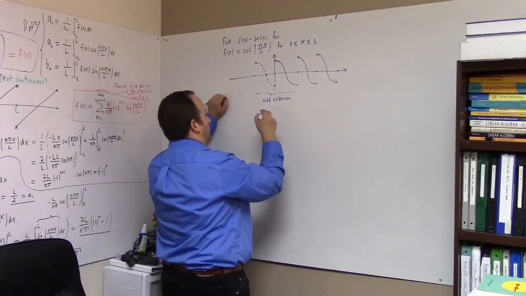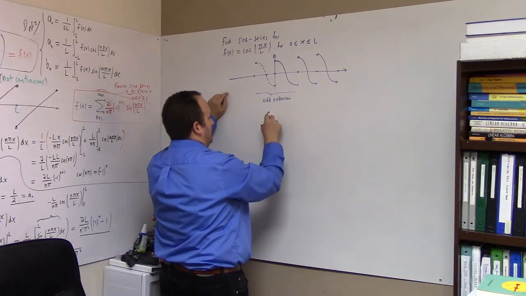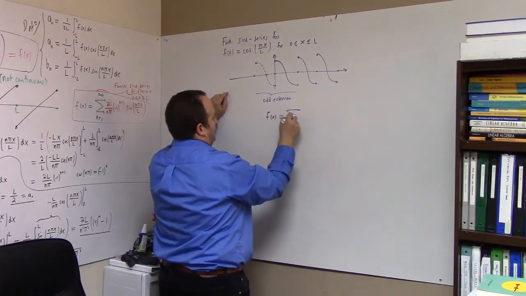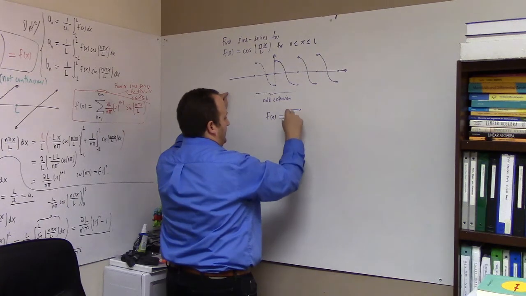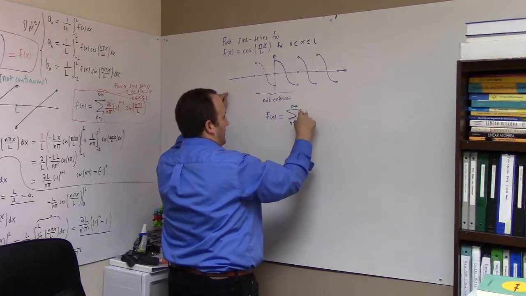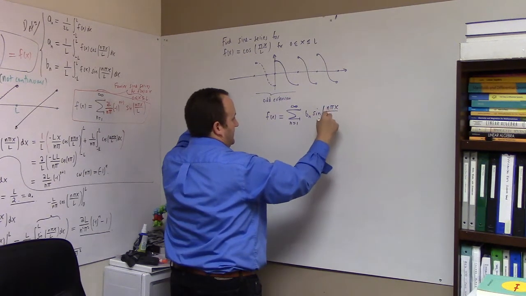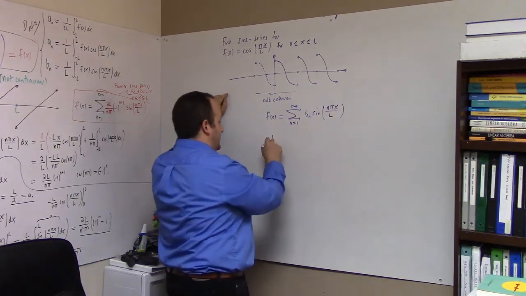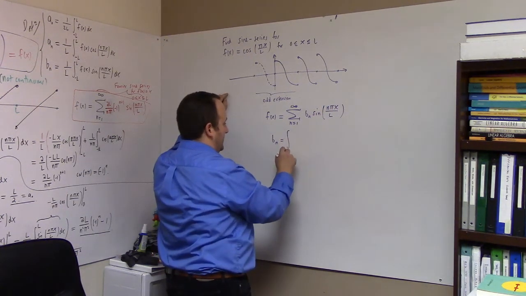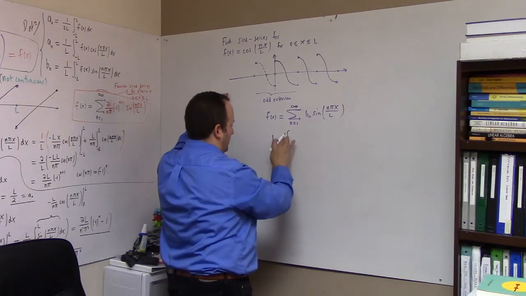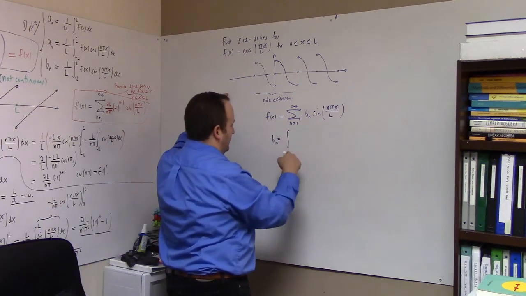All right, so then f of x sine series, right? So it's the sum n equals 1 to infinity, b sub n sine of n pi x over L, and to find the b sub n's, you calculate the integral. All right, so usual even odd trick.